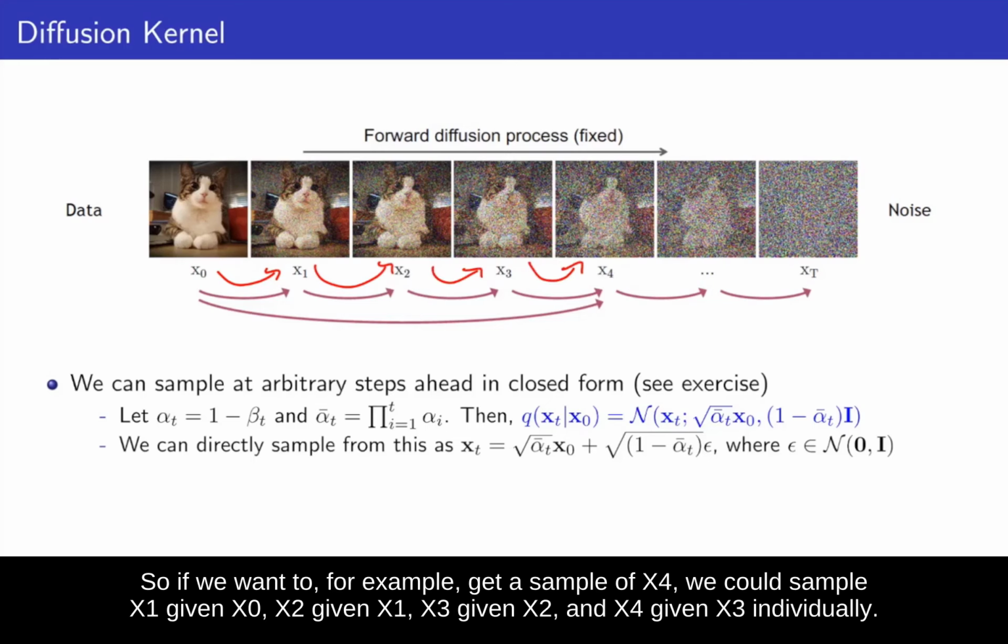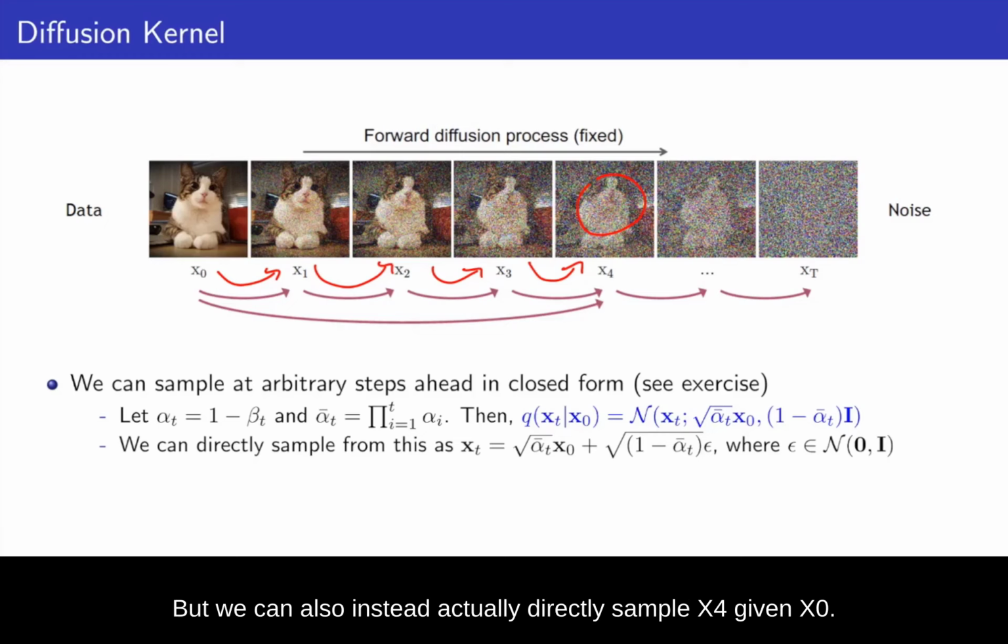So if we want to, for example, get a sample of x_4, we could sample x_1 given x_0, x_2 given x_1, x_3 given x_2, and x_4 given x_3 individually. But we can also instead directly sample x_4 given x_0.